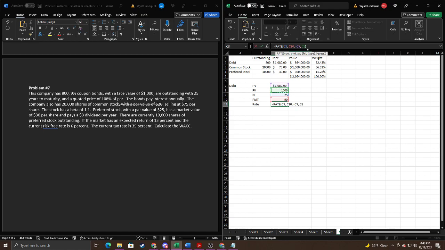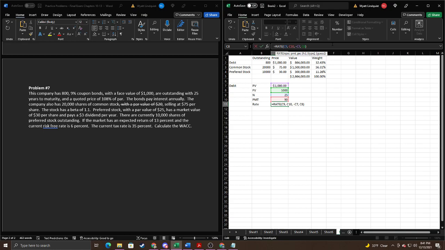So the reason we're making the present value negative and the future value as well as the payments positive is we're going to look at this from the consumer side, where the bond purchaser pays out $1,080 today, and then in the future they will get these payments and these future values.